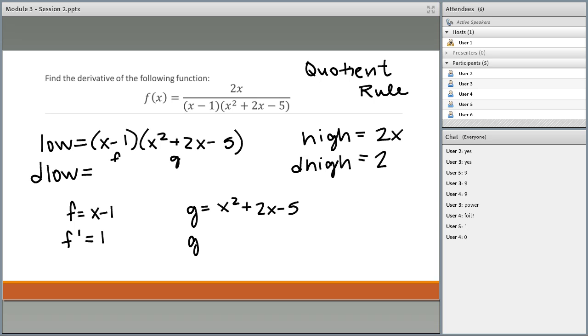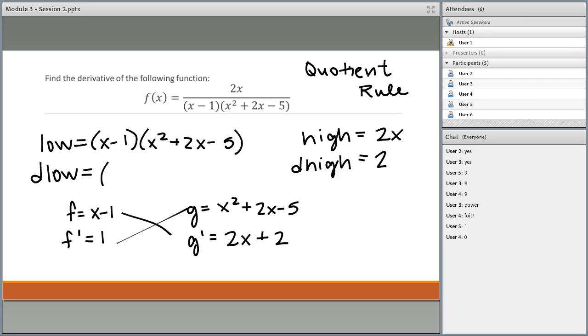And then g prime, good, I end up getting 0 for the minus 1. So g prime, I get 2x plus 2. And the minus 5 goes to 0. So now I can cross and add the 2.